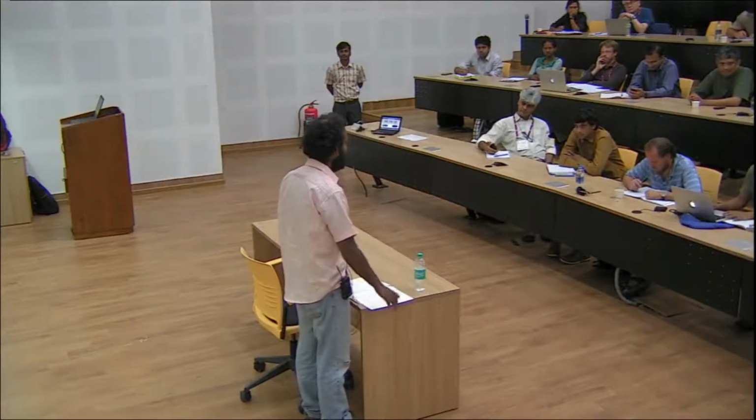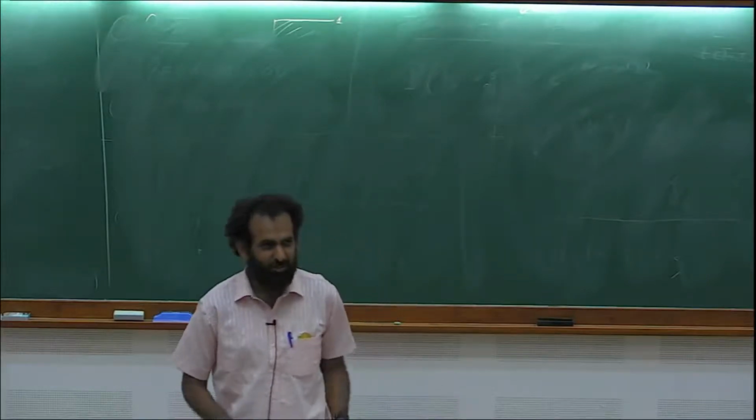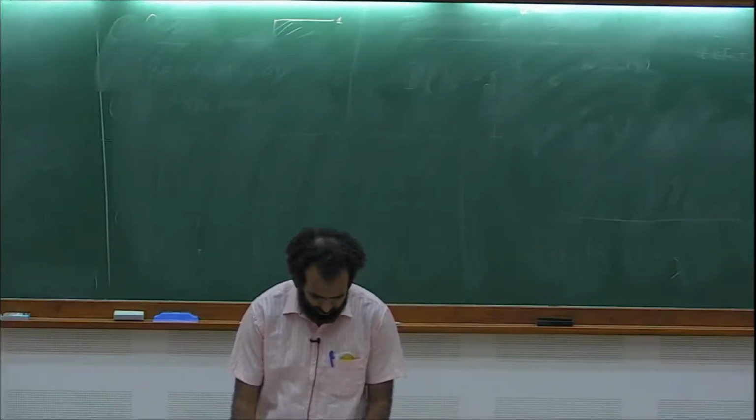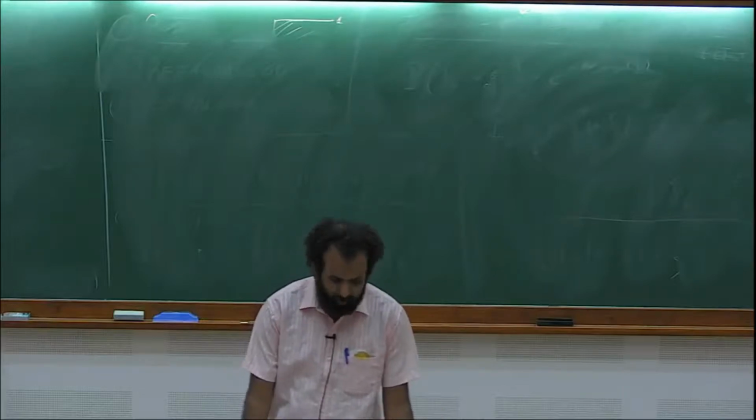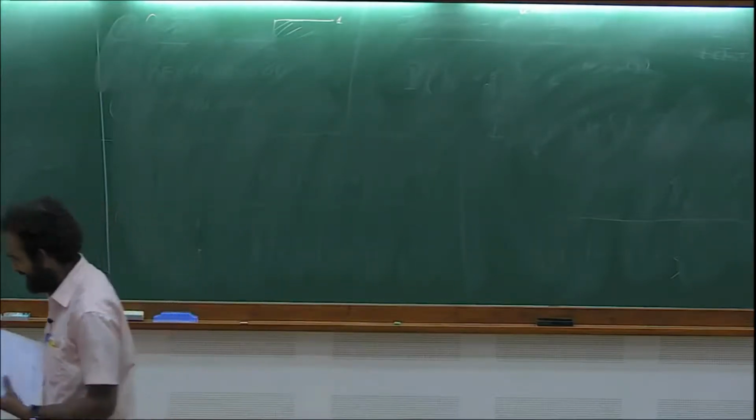So if you think this is trivial, I would be interested to know how you would do things if we could do them out of equilibrium. That's the kind of motivation.